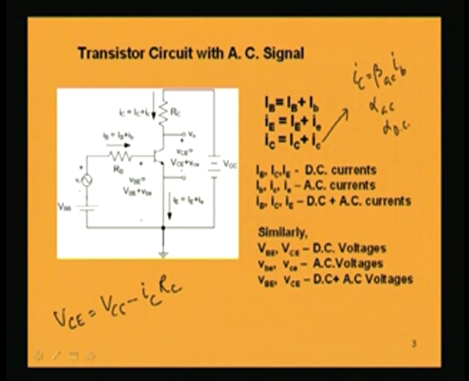So, VCC minus ICRC is equal to VCE. This is the instantaneous value of the voltage between collector and emitter. Now, if IC increases, obviously this whole quantity will decrease, because it is negative. The ICRC drop increases, which means VCE decreases.